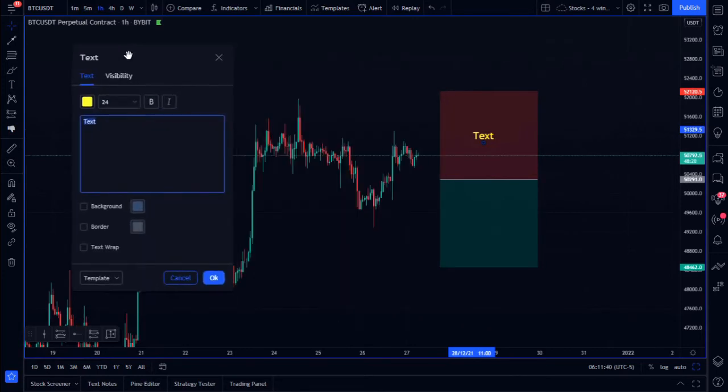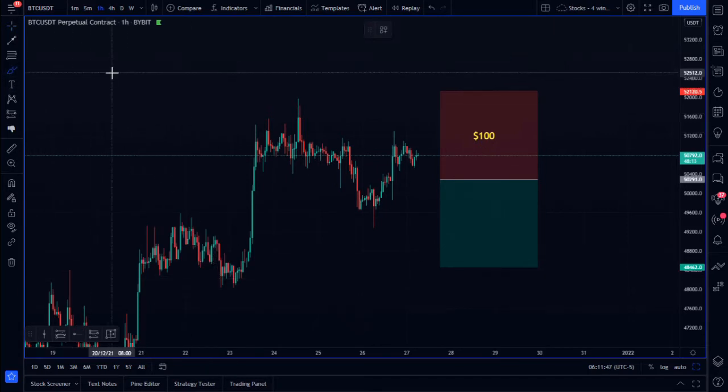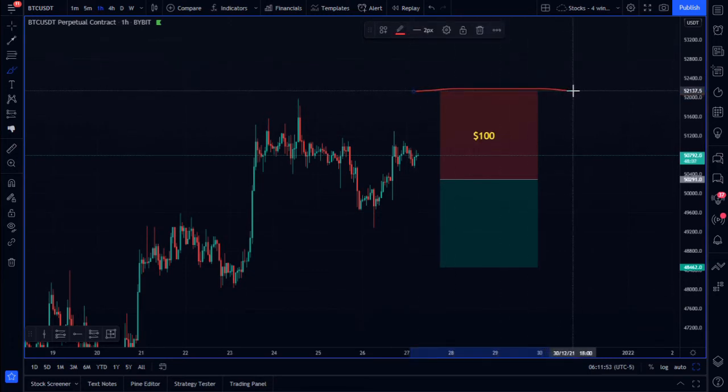What we're prepared to risk, $100. Prepared to risk $100, meaning that if the price crosses our stop loss here, we will lose only $100. Yep, because this is our gap that we're working with.